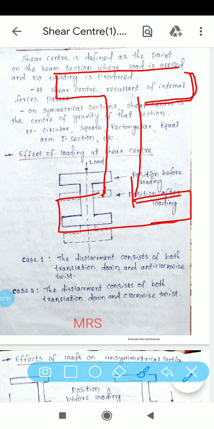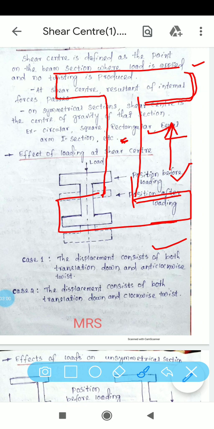In this case, assume the shear force is acting in this direction, and consider the shear stresses acting inside the cross section. This one is your web, this one is your top flange, this one is your bottom flange. This point is known as the CG of the cross section.